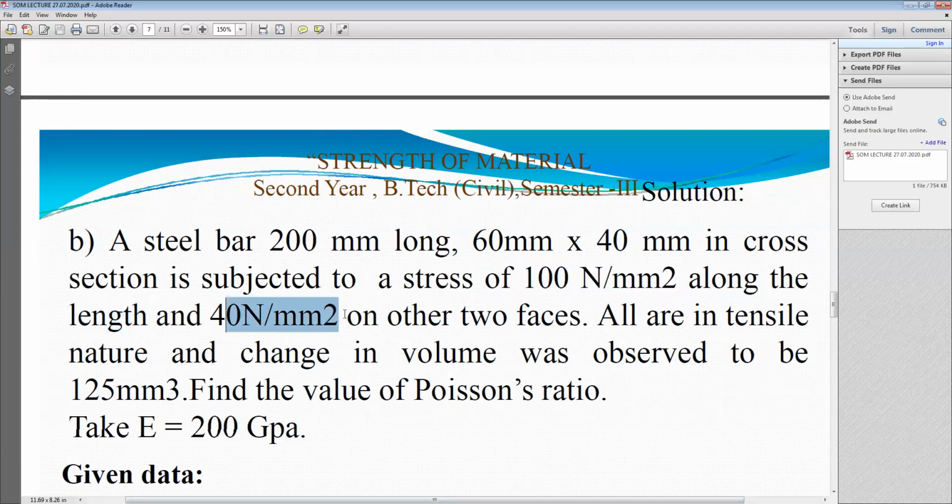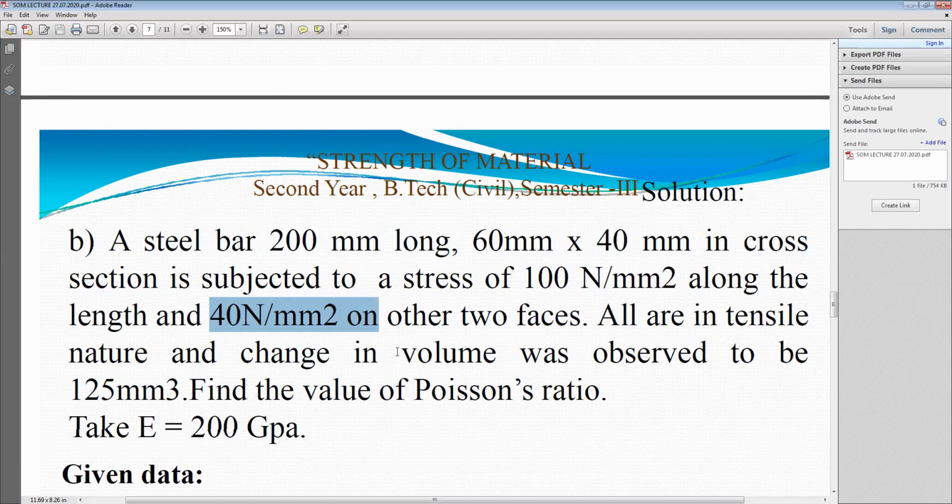Then 40 Newton per square on the other two faces. It means there are three stresses acting on that body. One is the 100 Newton per square, which acts along the length of the body, and the 40 Newton per square across the body, with respect to the figure; let us clarify afterward.